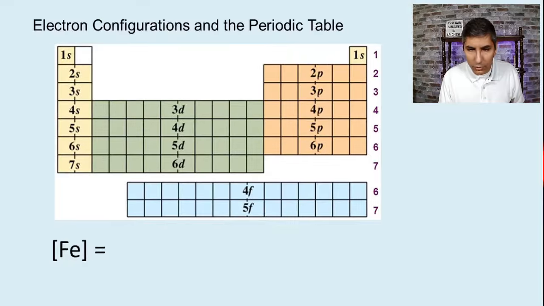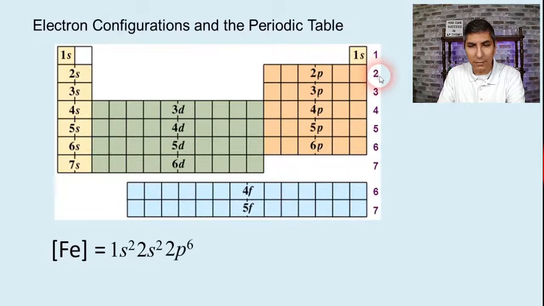Let's try another one. Let's try iron. So we're going to use this same graphic here, and we start with 1s. And we're in the 1s section, so 1s2. And then after that, we start the second street here. 2s has 2 boxes, so it's 2s2. And then 2p has 6 boxes, so it's 2p6.